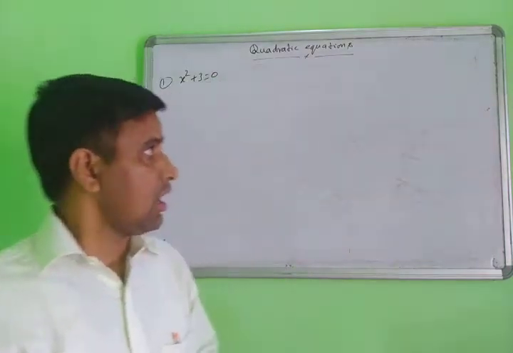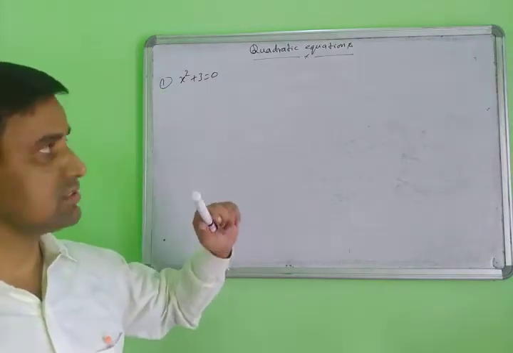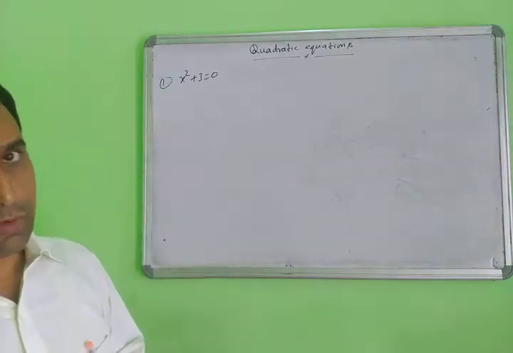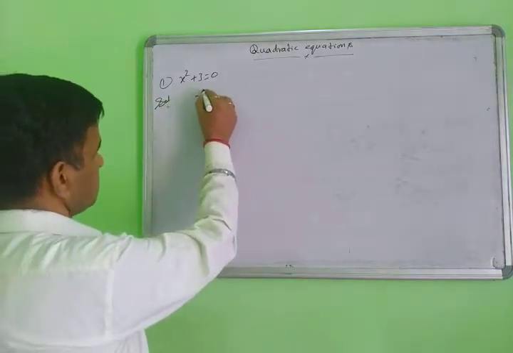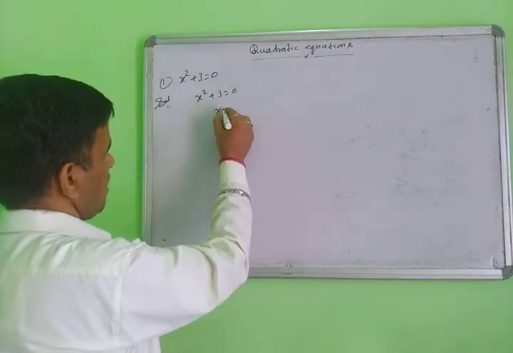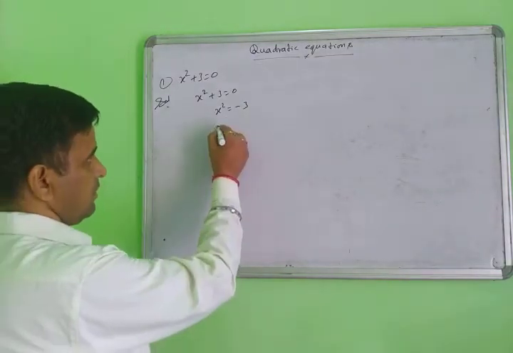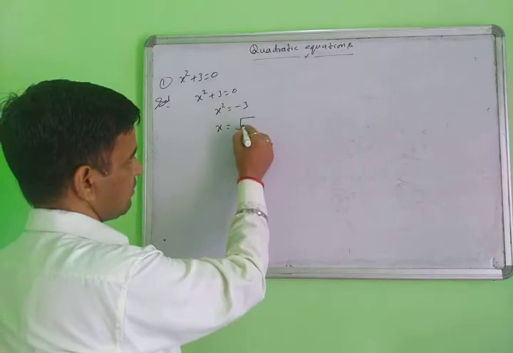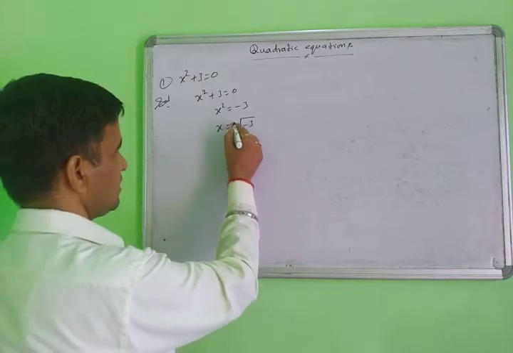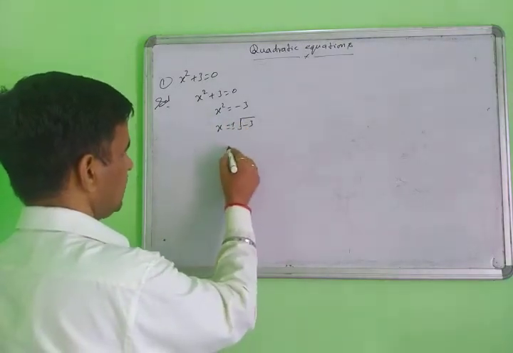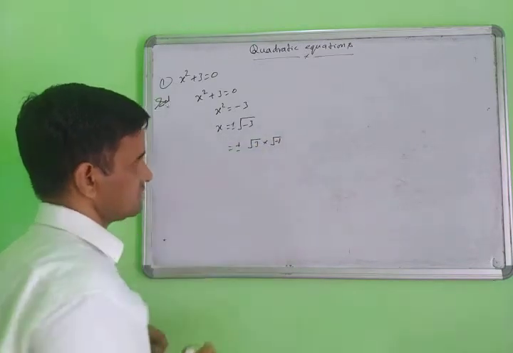Yes, students. How do we understand these questions, how do we find the imaginary roots here? I'm taking the first question from exercise 5.3. Question number one, solution: x square plus 3 equal to 0, so x square equals minus 3. Transferring to the right side, this converts to minus 3, and taking plus minus root, you get plus minus root of minus 3.